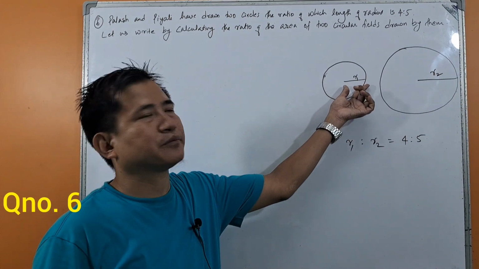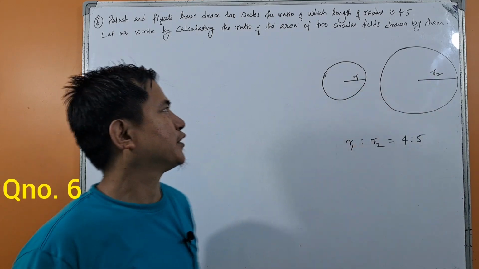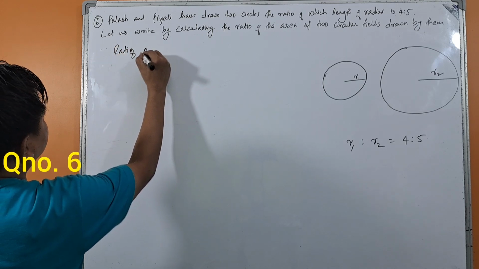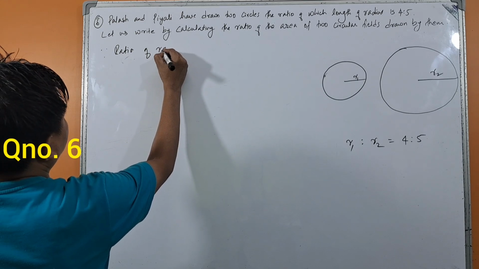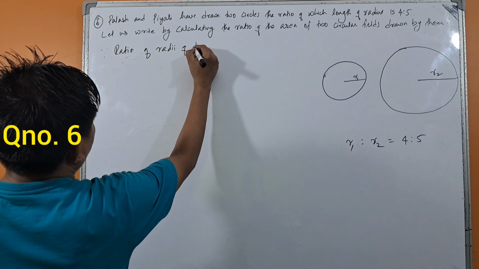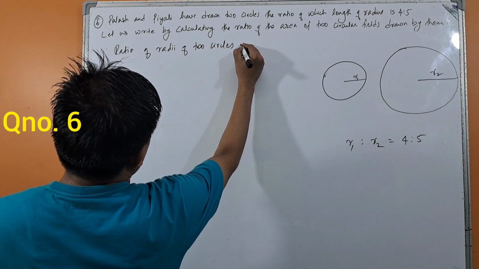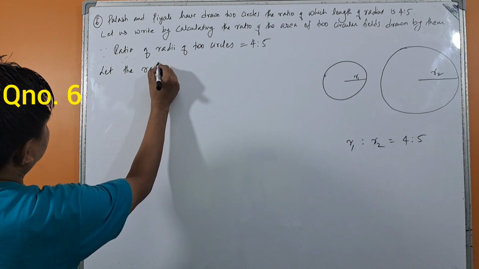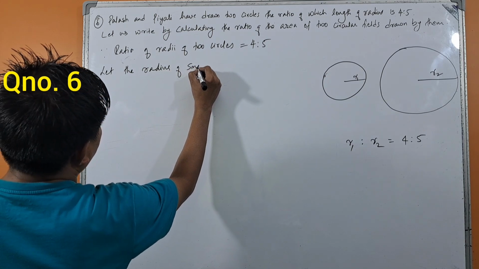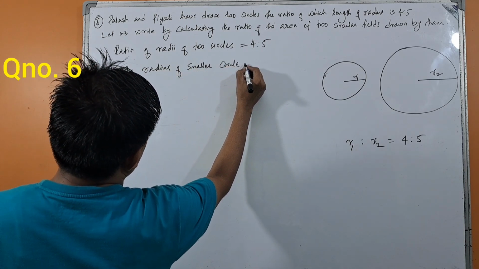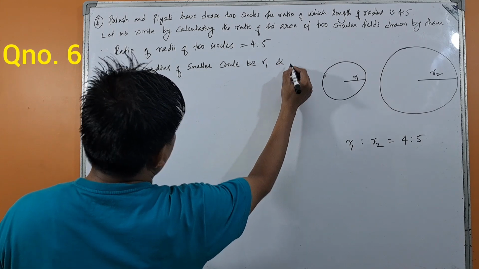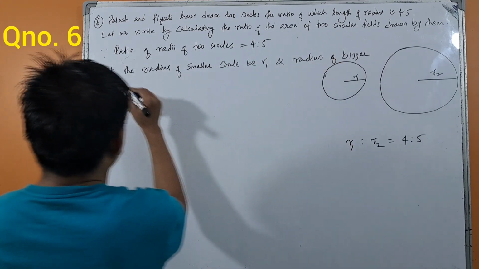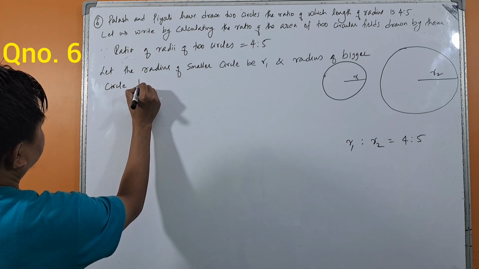Now let us write: since the ratio of the radii of the two circles is 4:5, this is given. Let the radius of the smaller circle be r1 and the radius of the bigger circle be r2.